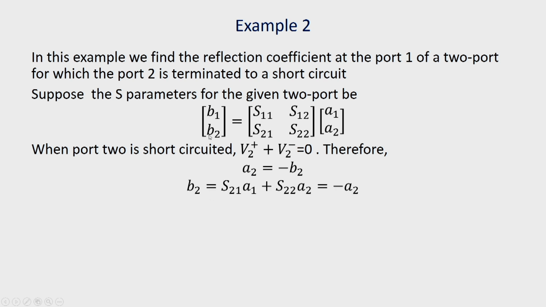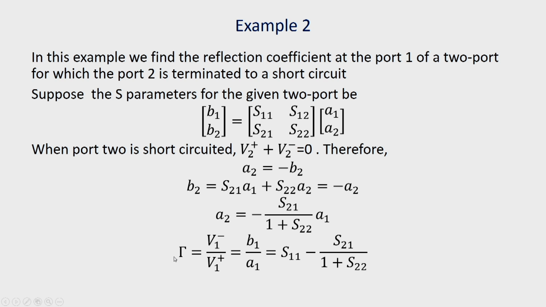And now, if we take this B2 is equal to S21 A1 plus S22 A2, this can be written as minus A2, and from here we can solve A2 equal to minus S21 divided by 1 plus S22, times A1. And if you consider B1, then B1 is equal to S11 A1 plus S12 A2.